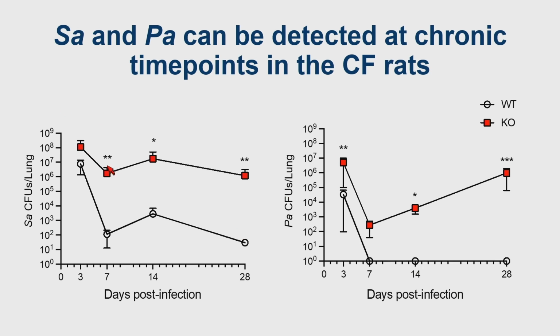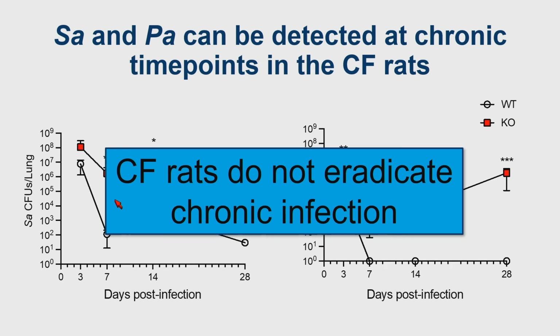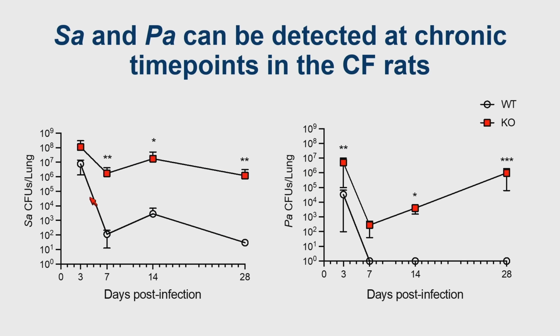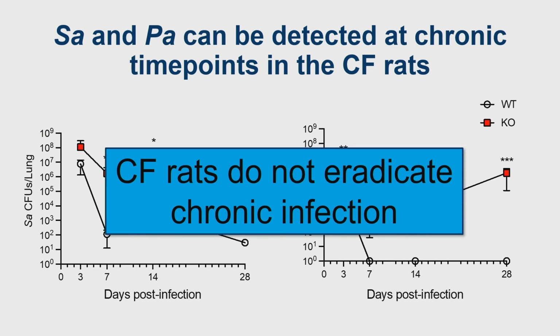You can see in red here, the knockout rats are able to maintain infection all the way out to 28 days, while their wild type littermates either nearly clear or completely clear infection by 7 days. So these rats are not eradicating chronic infection, which is great. We're now able to study chronicity in infection.